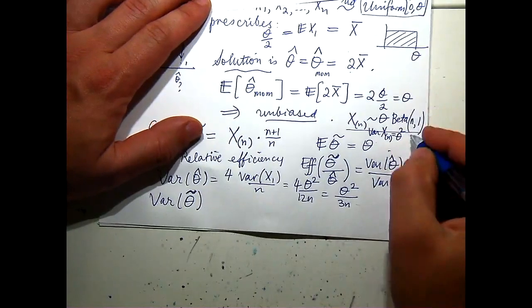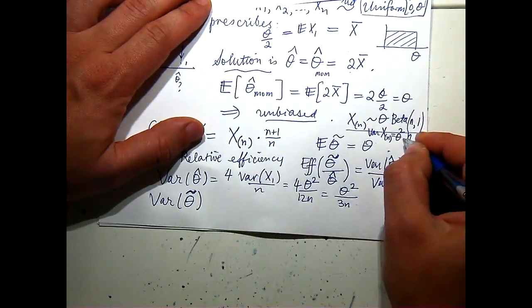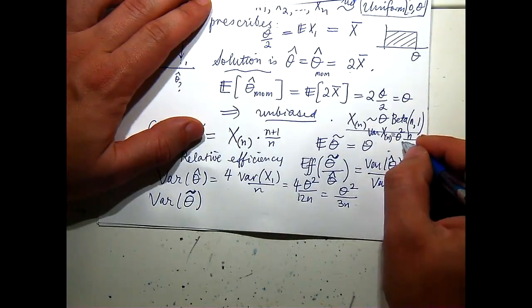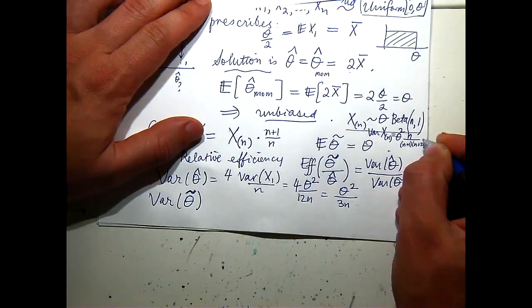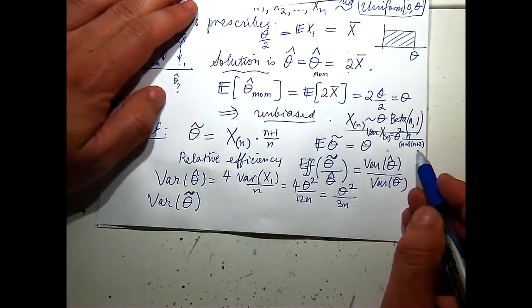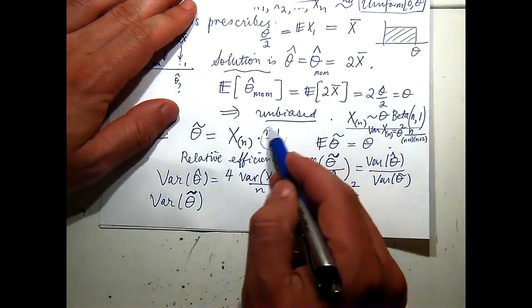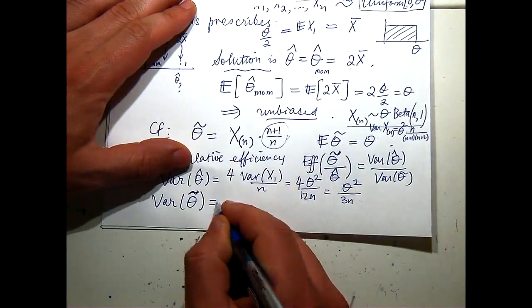You can double check that if you like. So alpha is n, beta is 1. So it's n times 1 divided by (n plus 1) squared times (n plus 2). So theta squared n over (n plus 1) squared (n plus 2). And then I have to, unfortunately, multiply by this constant. So the variance of theta tilde is slightly different.